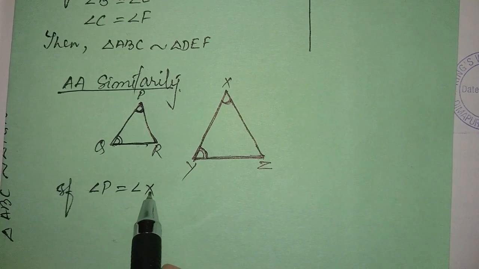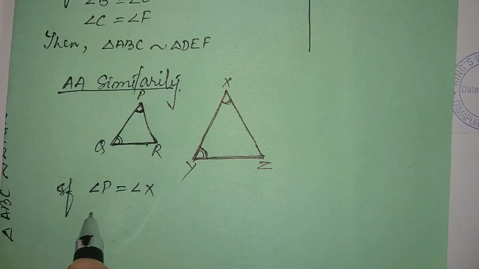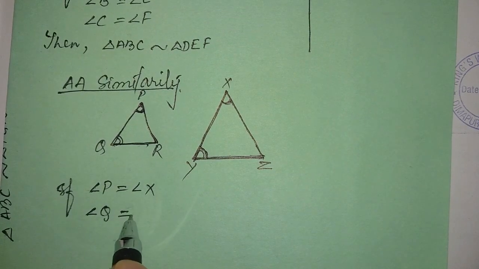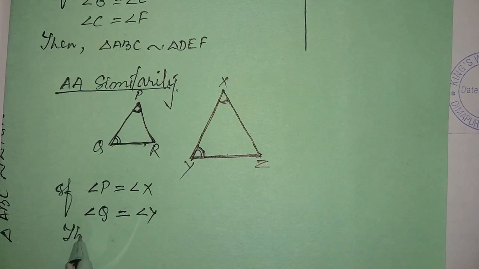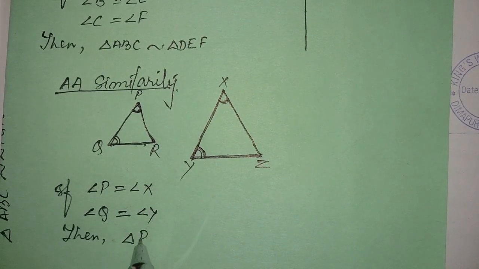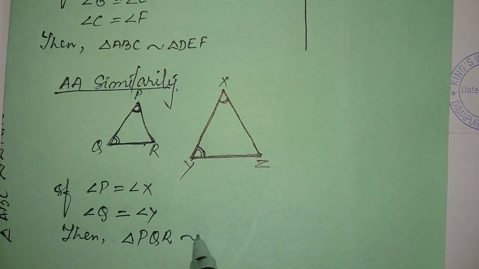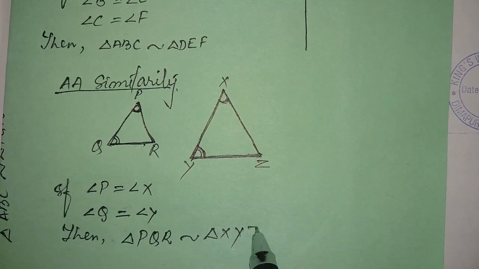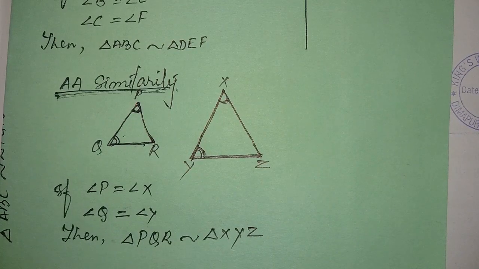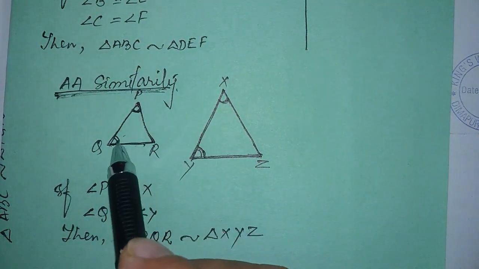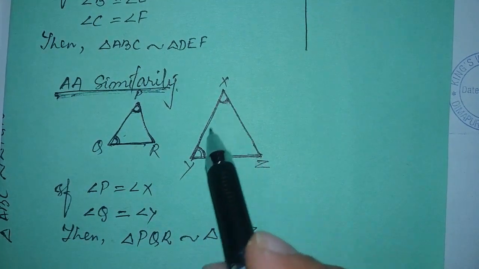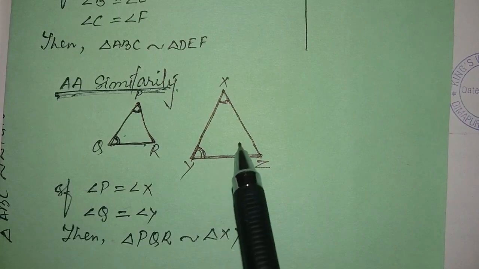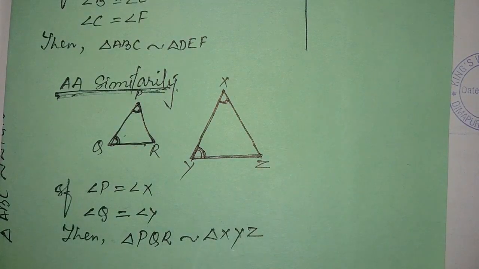If angle P is equal to angle X and angle Q is equal to angle Y, then triangle PQR is similar to triangle XYZ. Here we just need to check whether any two angles of one triangle are equal to two angles of another triangle. If they are equal, then we will say that the two triangles are similar.